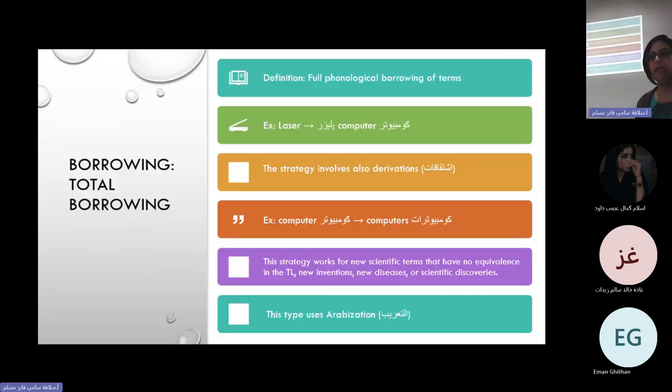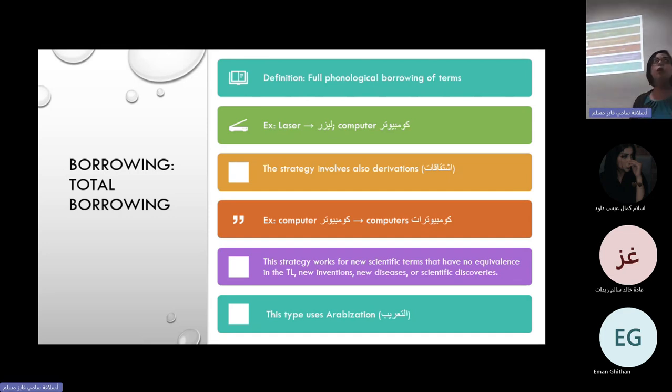So let's see. The first one is total borrowing, and this is a full phonological borrowing of the term. How do you say it? How do you spell it? You use it. Not spell, it's like pronounce. For example, laser in Arabic, laser. Computer, computer. So same phonetics.